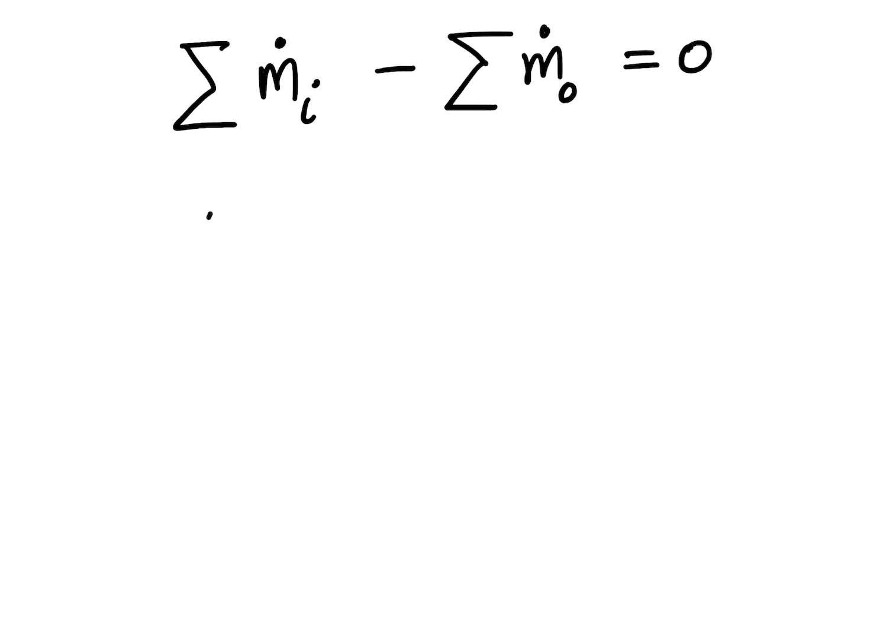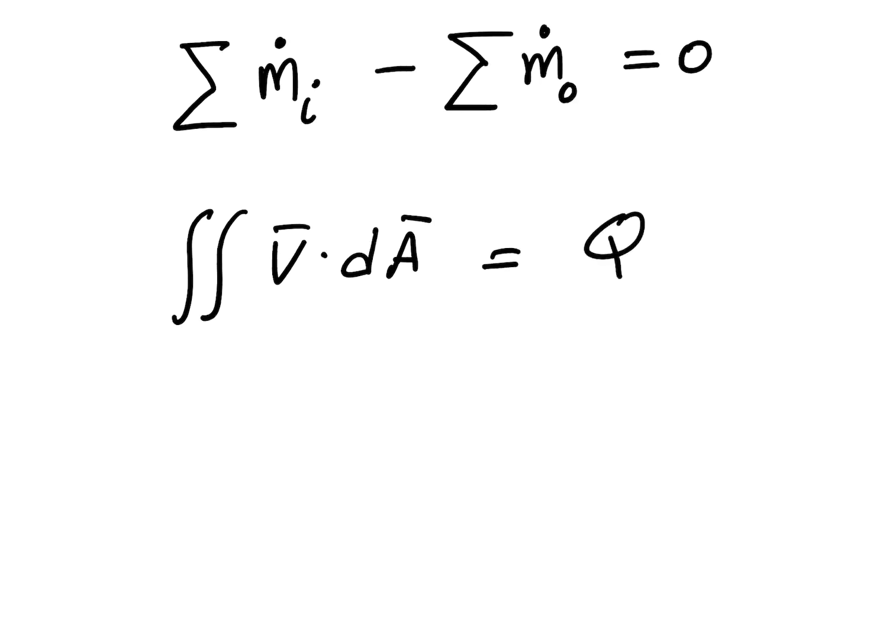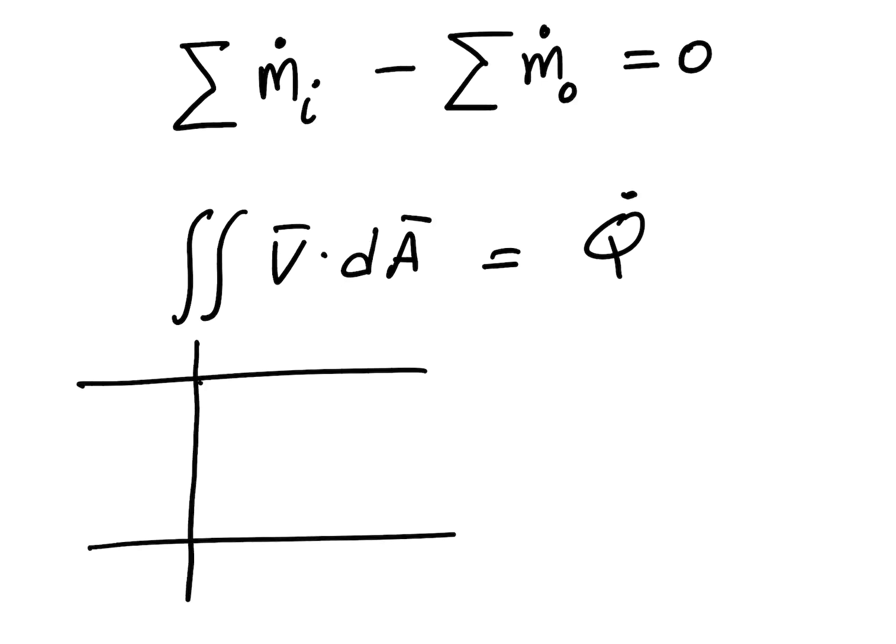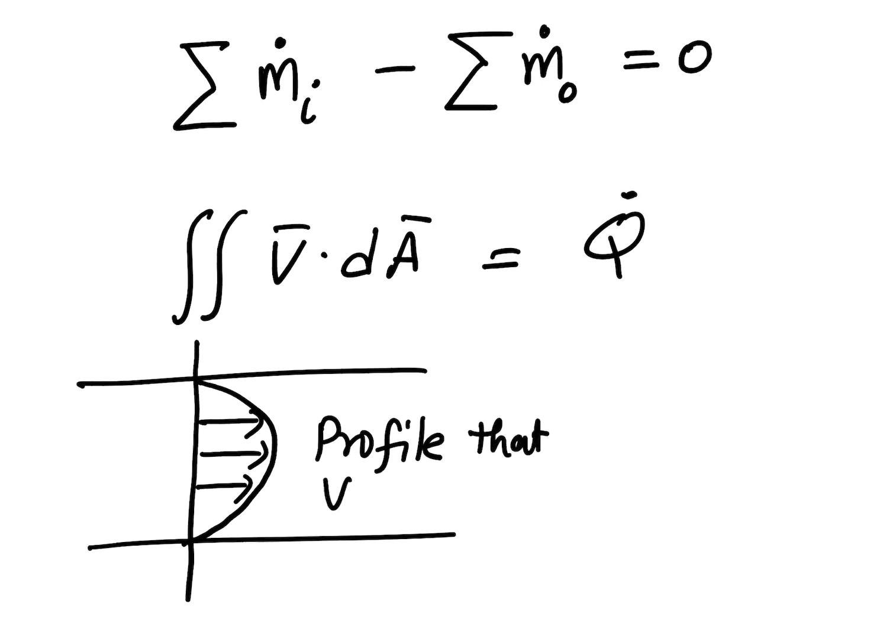So the quantity here, integral v dot dA, you can think of it as the volume flow rate. If you take a cross section and let's say you have a variation of velocity with respect to position, so suppose the velocity has a profile that varies with r, you can think of what is the volume flow rate in this situation.